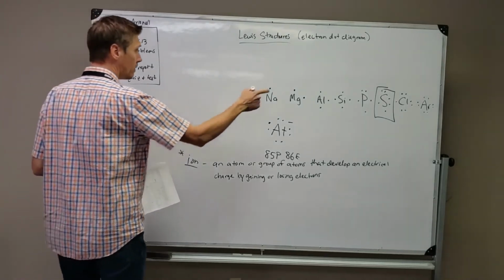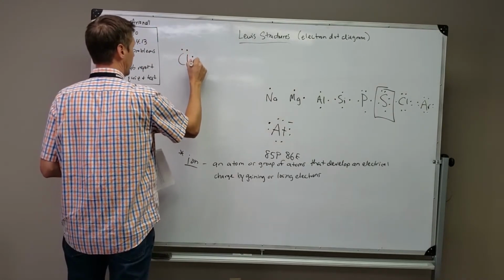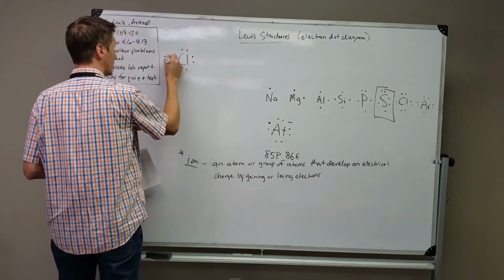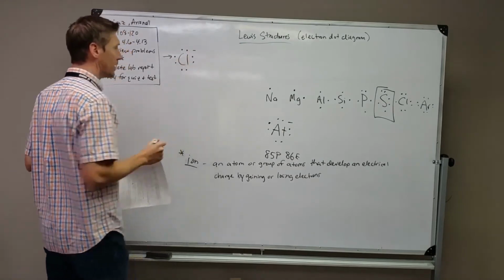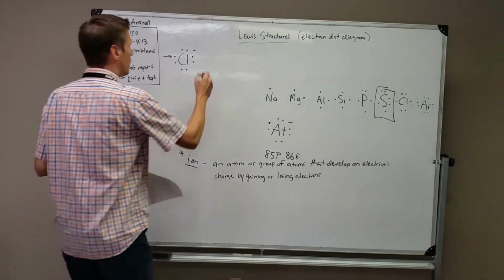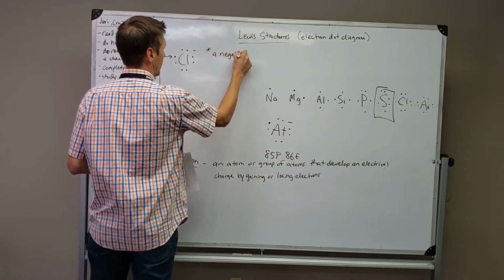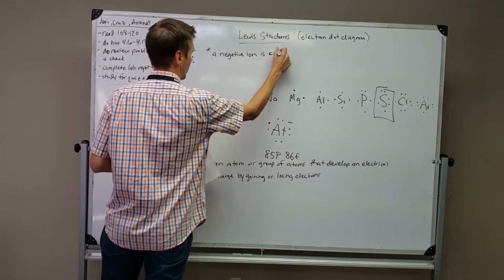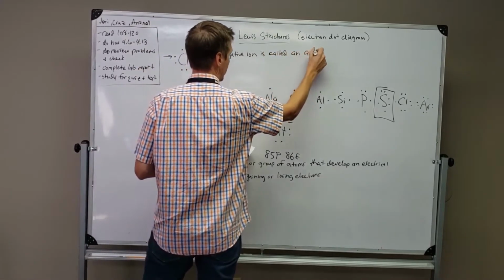So in the case of Cl, it's just like astatine. Cl has 7 by default. If it gains one more, it gains this new one right here, it's got an extra electron, and so it's going to carry a negative charge. And a negative ion is called an anion.